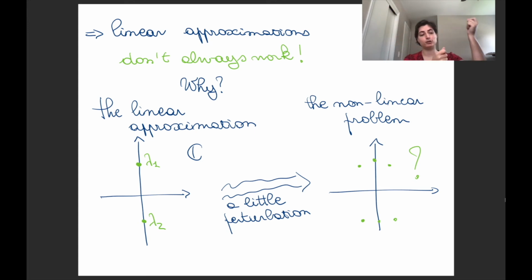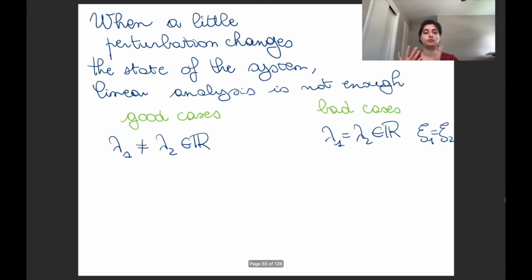In this case, the perturbation was such that it just changed them a little bit towards the positive real part. That was not clear from the linear approximation. So when we're doing linear approximations, we have to be careful that a little perturbation of our eigenvalues would not change the solution.